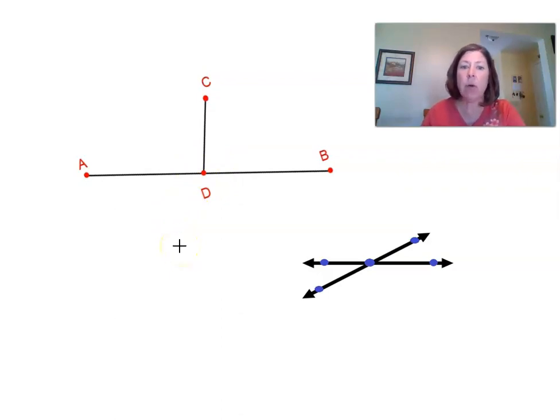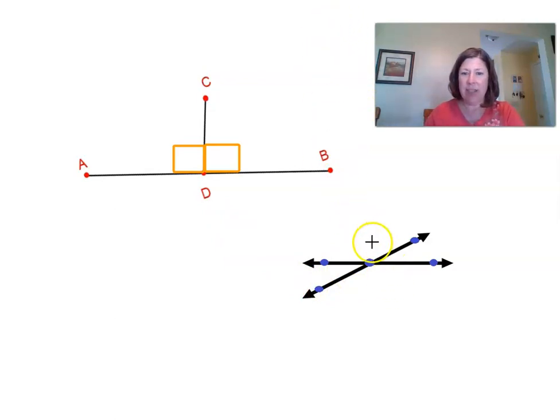If they are, they form right angles. You can use that right angle template that we made yesterday to figure it out on the screen. However, I can see here that this definitely is a right angle because that square can go right in there. So CD and AB are perpendicular lines.